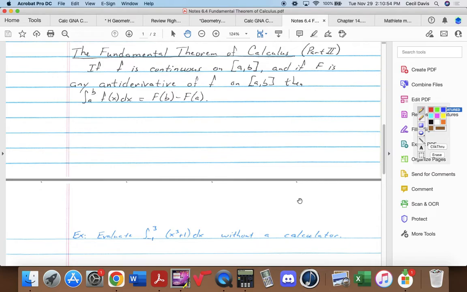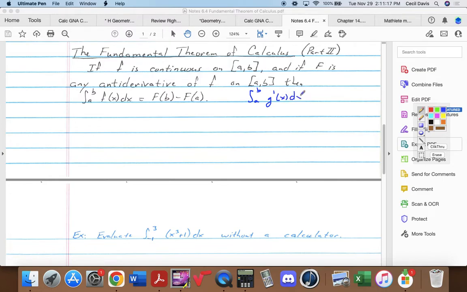We've already done this. It's what you were doing to evaluate definite integrals by finding an antiderivative. Again, as I did yesterday, I think sometimes it's better to think of it as the integral from a to b of g prime of x dx is equal to g of b minus g of a. Questions about that?